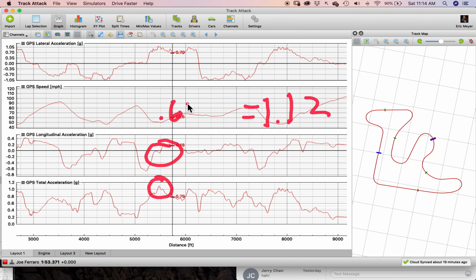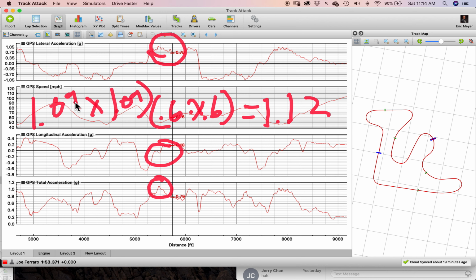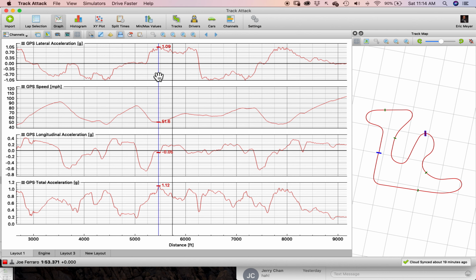So do 0.6 times 0.6. And we'll go up here to this one. It looks like 1.09. 1.09 times 1.09. Add those two together, and that's how we come up with the result of how much tire we're using.